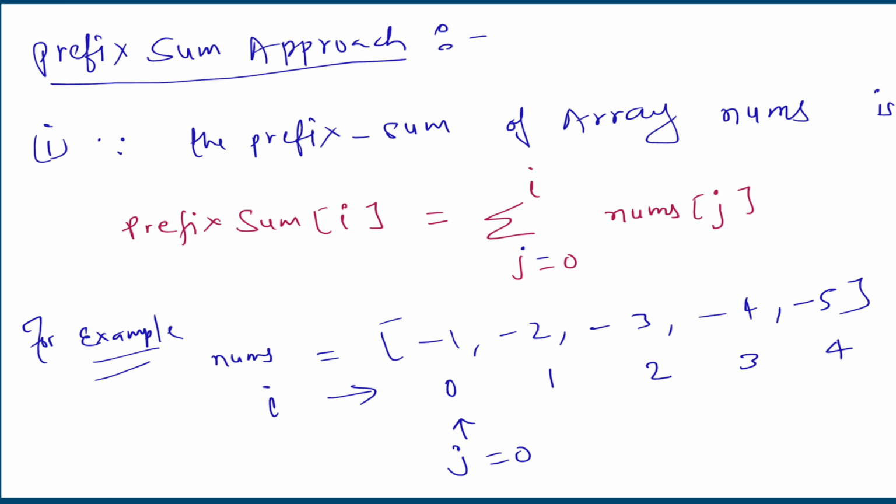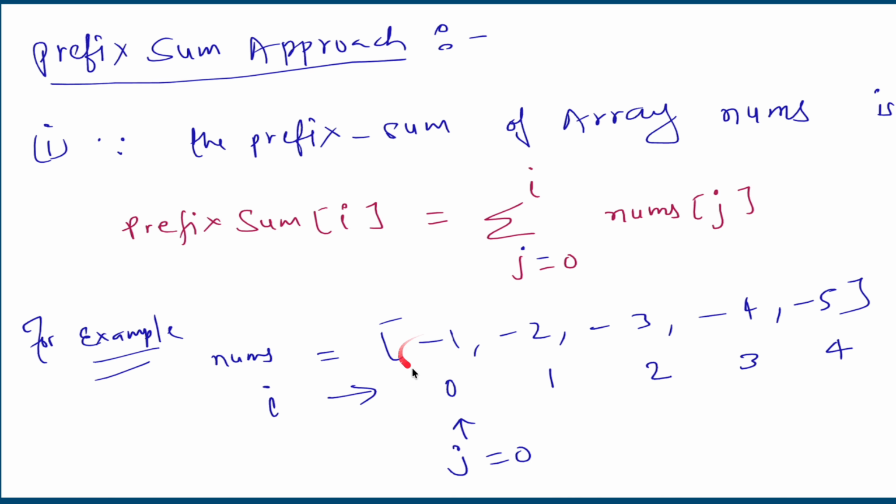So if you write this example, you will ask, what is I here? I is the index that can be anything: 0, 1, 2, 3, 4, right? Let's suppose very first you want to find the subarray. If I is 0, j is also 0, so we will consider only one element, this element. If I goes to 1, we are considering from j equal to 0 to I, so we'll consider minus 1 and minus 2.